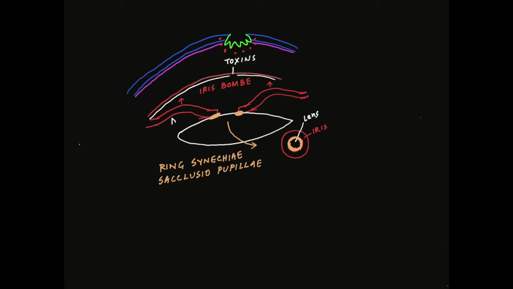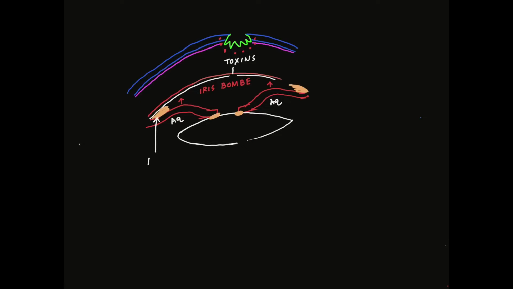This condition is called iris bombé, and the iris will be in close vicinity of the peripheral cornea, and this is called peripheral anterior synechia. And because of these conditions, there will be a rise in intraocular pressure, and this is called secondary glaucoma.